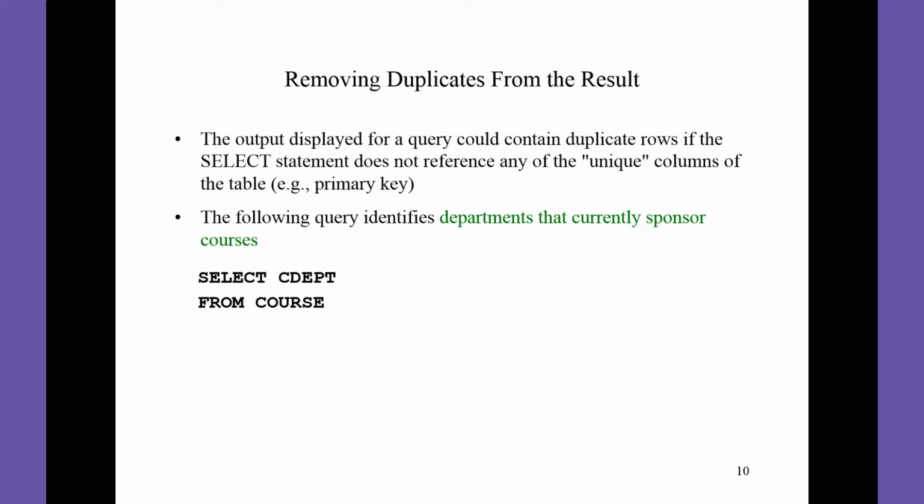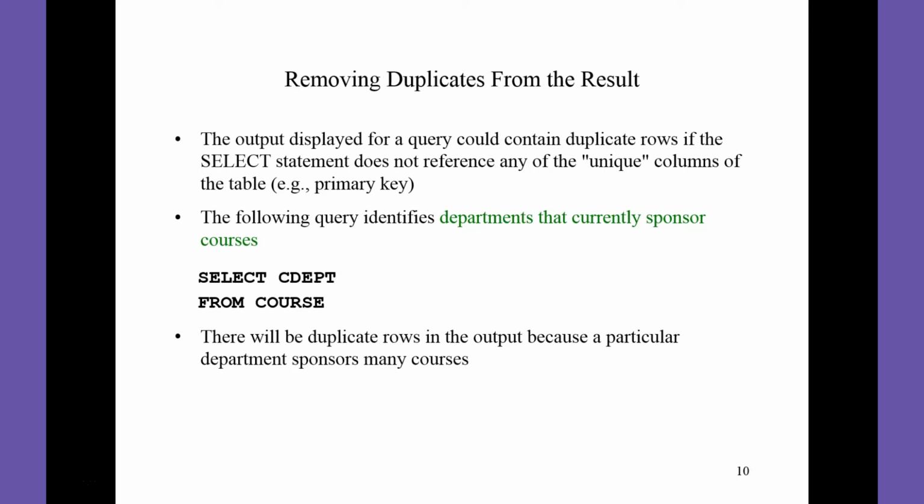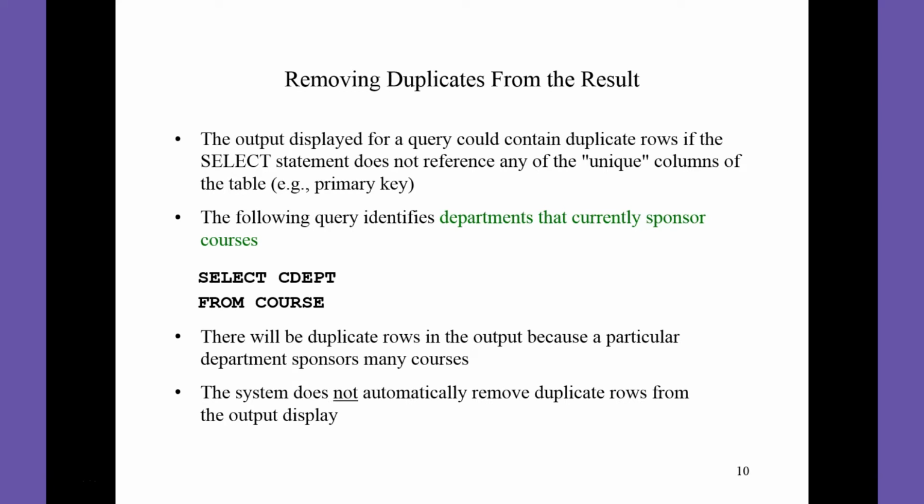So we're selecting the C department column from the course table. The result will contain duplicate rows because a given department may sponsor many different courses. Furthermore, the system does not automatically remove these duplicate rows from the result set.